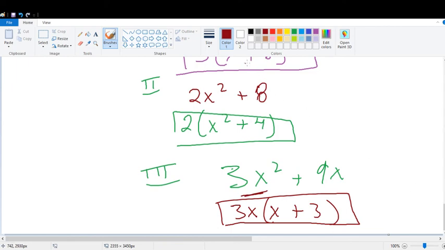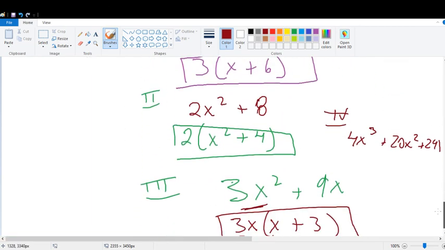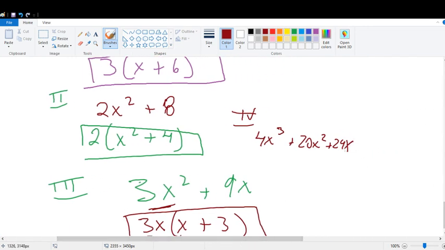Let's do another one. Let's say that I had 4x to the third, plus 20x squared, plus 24x. So looking at all these terms, what's a number that divides 4, 20, and 24?